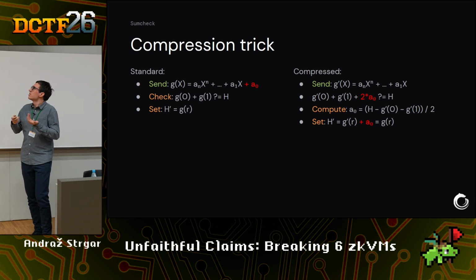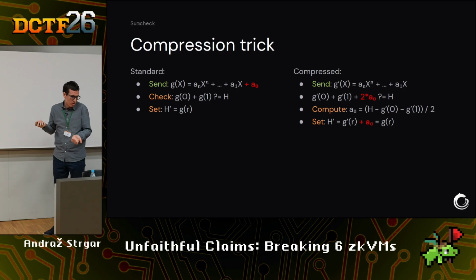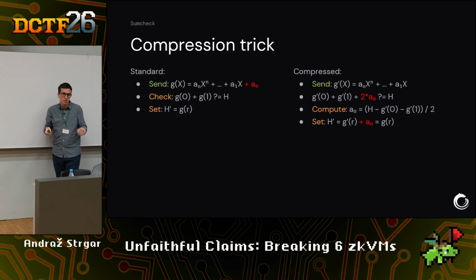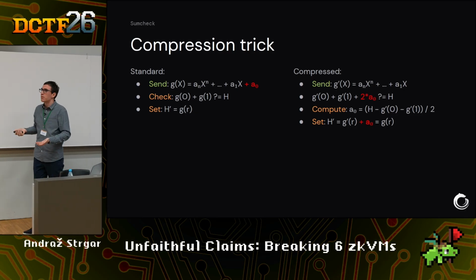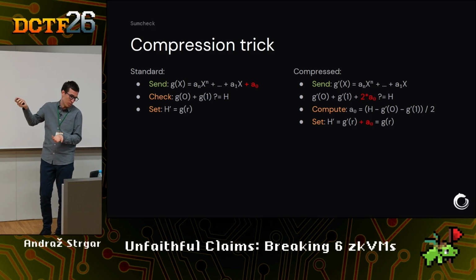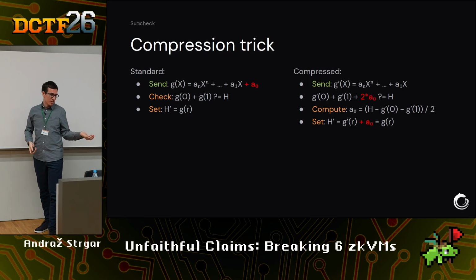But what happens? Can this work even if we do not send this a0? In the compressed sumcheck here, you can see that there isn't an a0, that we just send some g prime, a modified polynomial. But the verifier still wants to check if the statement holds for the original polynomial. So what we can do is just write out the equations.